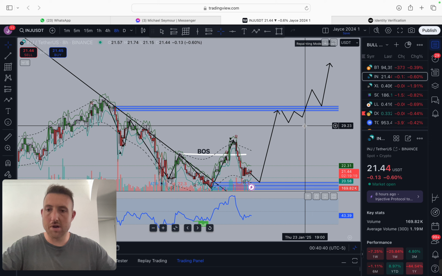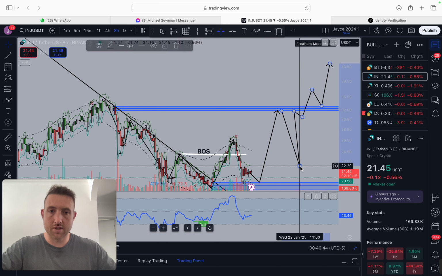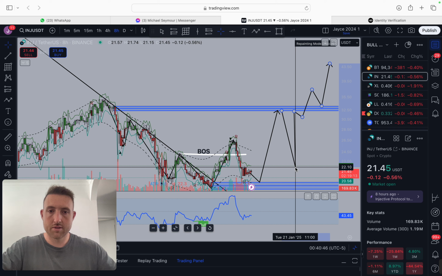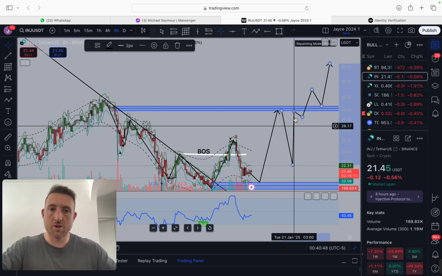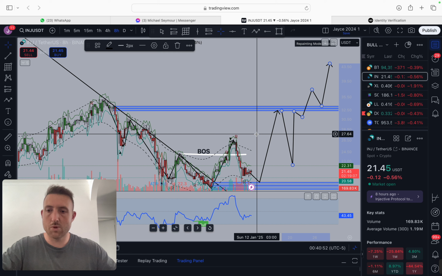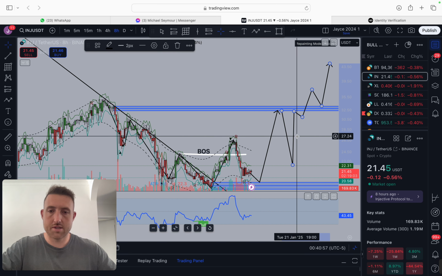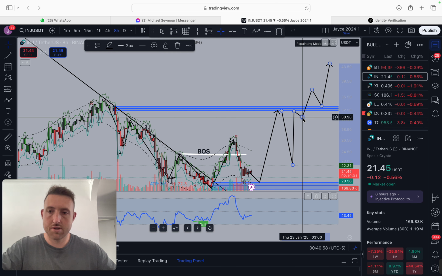So you don't want your money locked up sitting in the market. It could even do something like this, and you're just holding that bag the whole time. So that's why you want to offload some of your position, whether it's 50%, whether it's 20%, it's completely up to you.